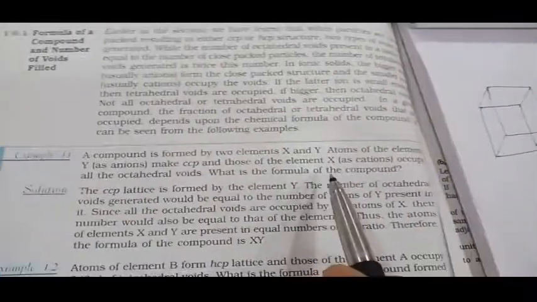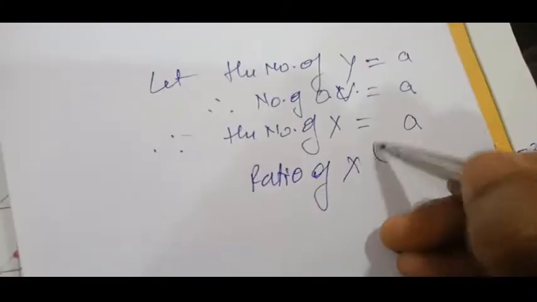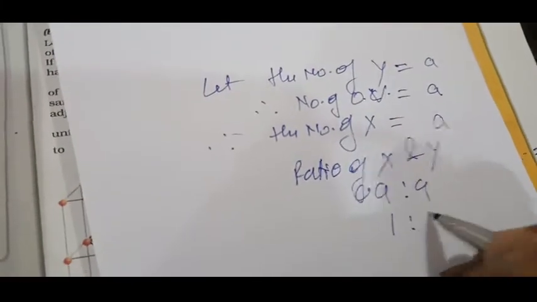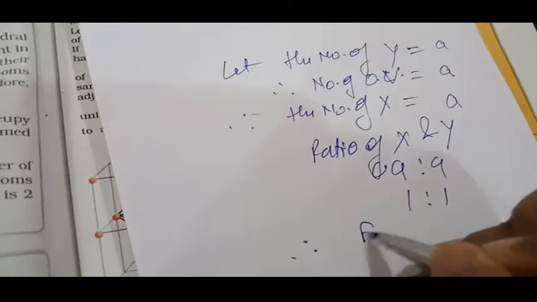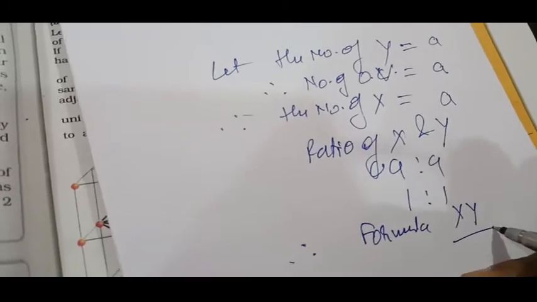Because it is written here, the element X occupies all the octahedral voids. Therefore the ratio of X and Y is A to A, means 1 to 1. Therefore the formula is XY. Clear?